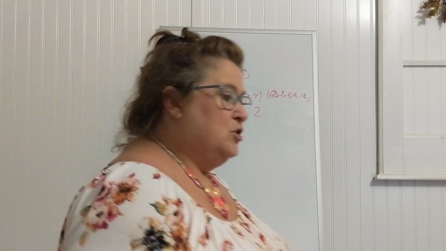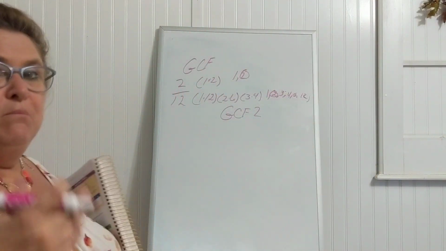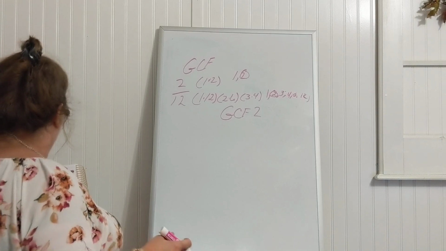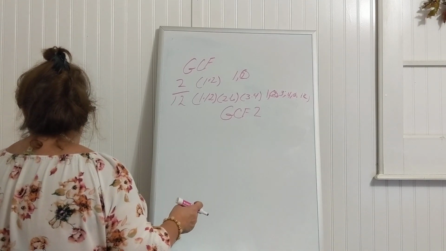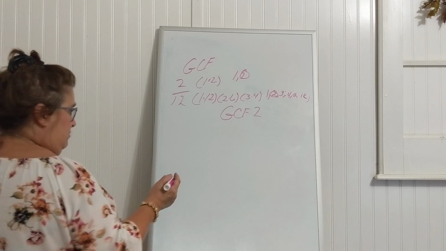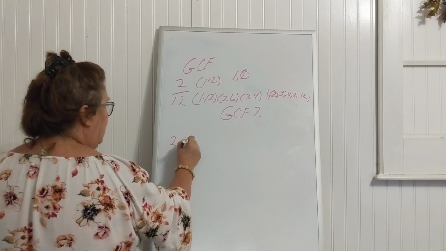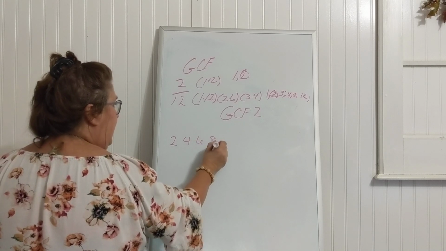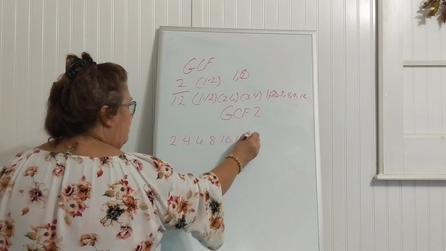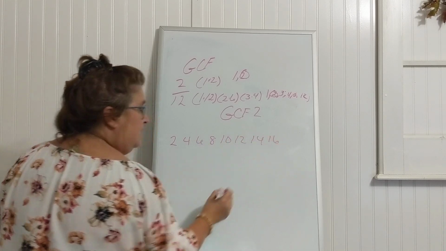Today, though, we are talking about multiples. Factors are the numbers we multiply together, and multiples are when we are counting by numbers. When we are counting by 2s, multiples of 2 are 2, 4, 6, 8, 10, 12, 14, 16.